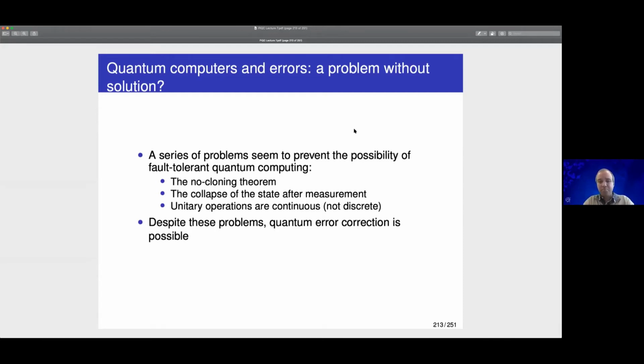Okay, so these seem to be rather serious problems, but fortunately for us, and maybe even surprisingly in some sense, we can define quantum error correction, and we can define the idea of fault-tolerant quantum computation with a beautiful theory of quantum error correcting codes.